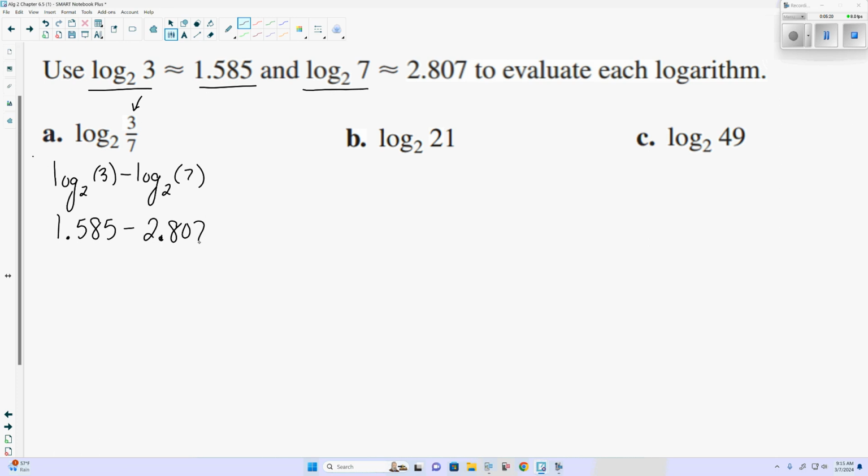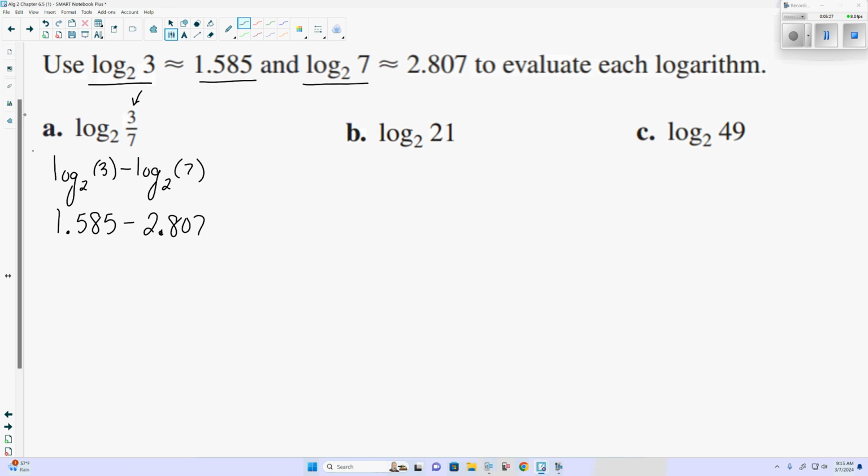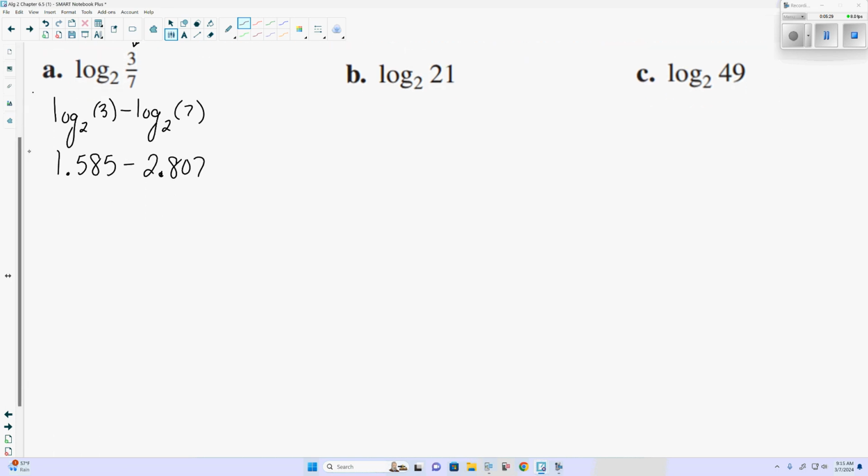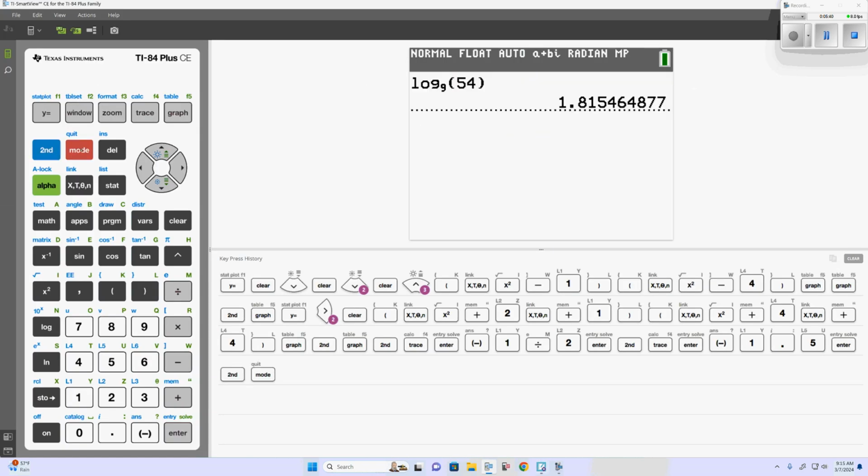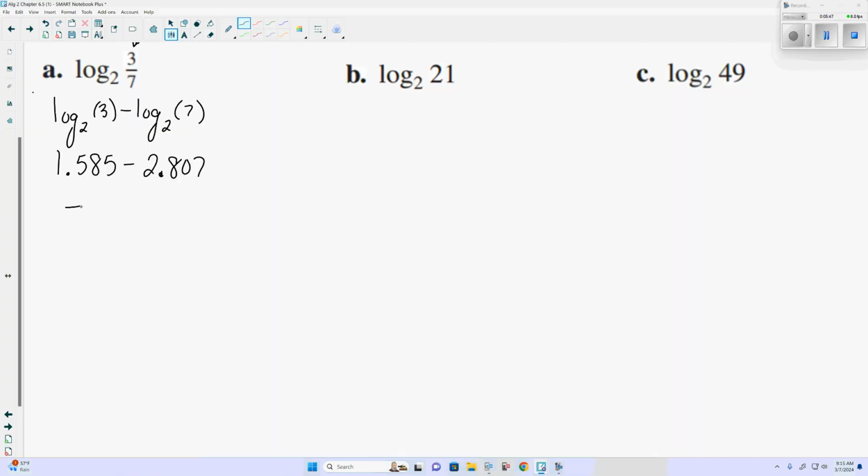We can read it from back here. If you notice, I figured out how to change the thickness of the stylus, so making sure everybody can read it still. Well, now we just need to plug it in and subtract. And that's it.